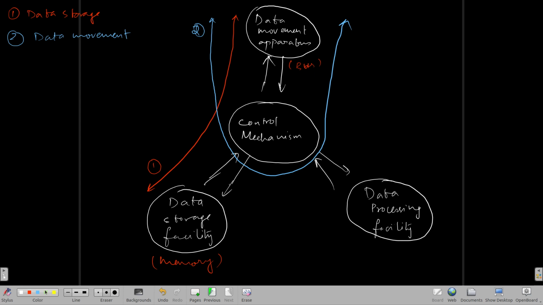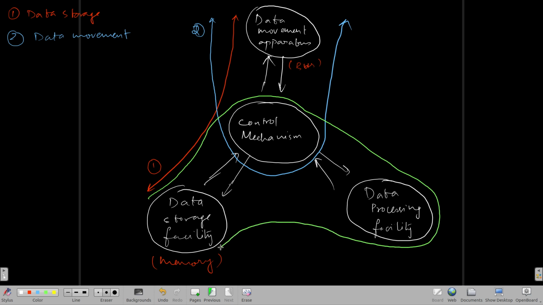The third one is the data processing from storage. Okay, that is, you are taking some data from the storage, we are processing it, and then we are putting it back.